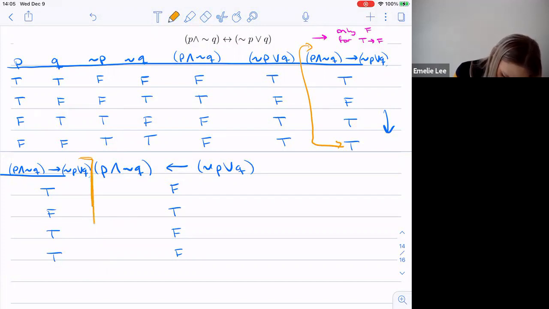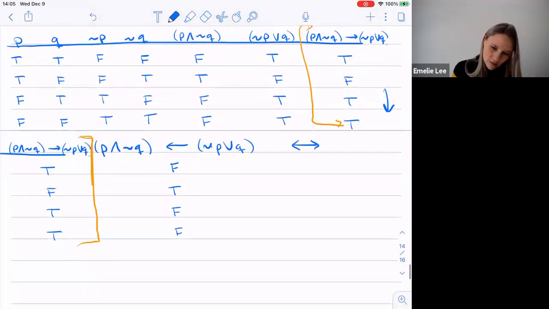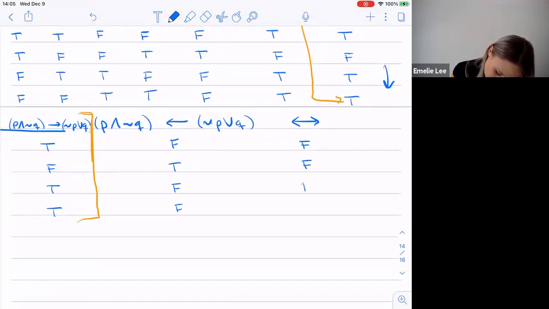I'm going to do my best to show that this is from before. Because now they're not the same. So what I'll do is I'll go like this. They're not going back and forth to the same thing. So this one's false, false, false, false.